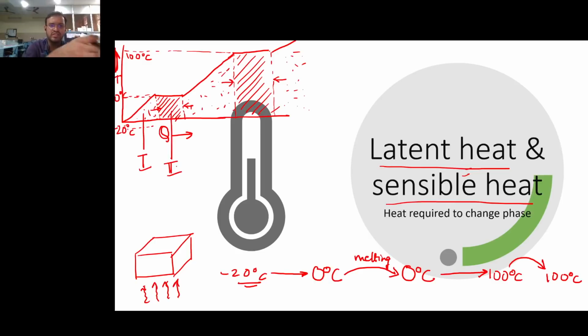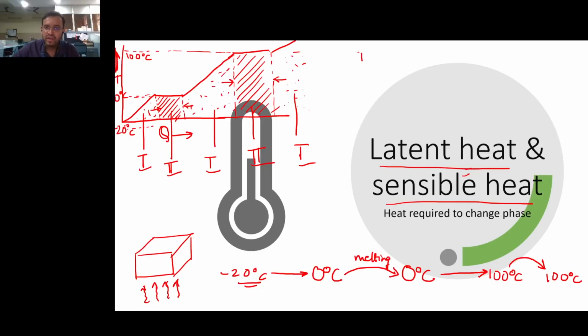I'm aware that these are separate regions where you have got ice, then water, then water and ice, then just water, then water and steam, and then the steam. Okay, but I'm just classifying it in terms of when you added heat, the temperature rose, and when you added heat, the temperature remained constant. So you've got this sort of region 1 here. Again, your region 2 here, and back to region 1 here.